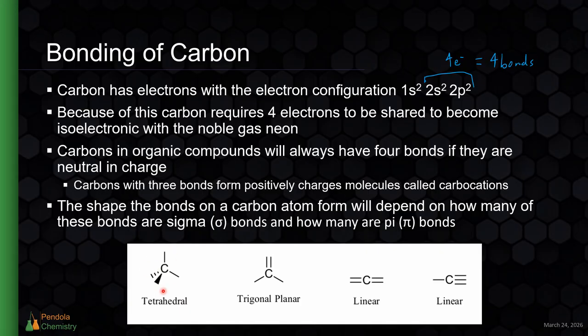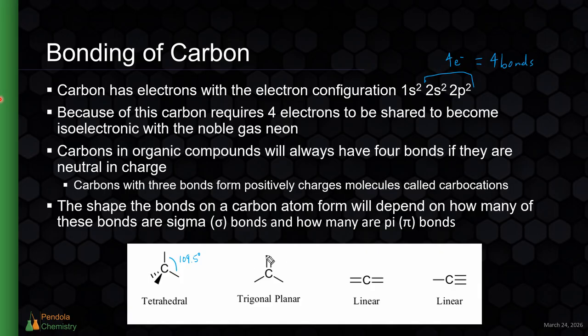And when this happens, the shape that forms around that carbon is going to be tetrahedral. So whenever carbon forms 4 bonds, the farthest those 4 individual bonds can be away from each other are 109.5 degree angles, forming that tetrahedral structure that we learned earlier in the year.